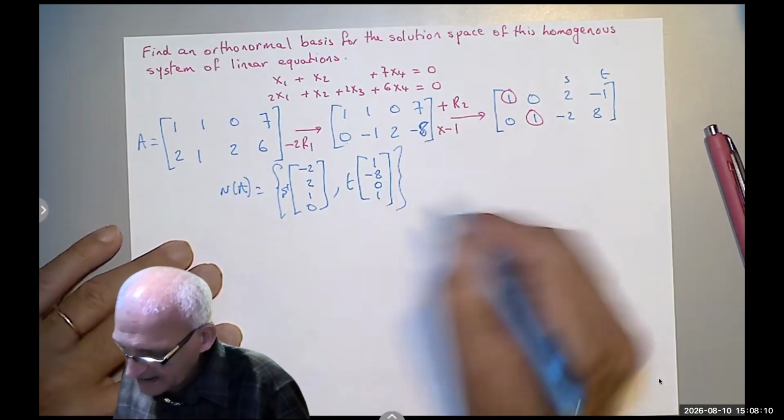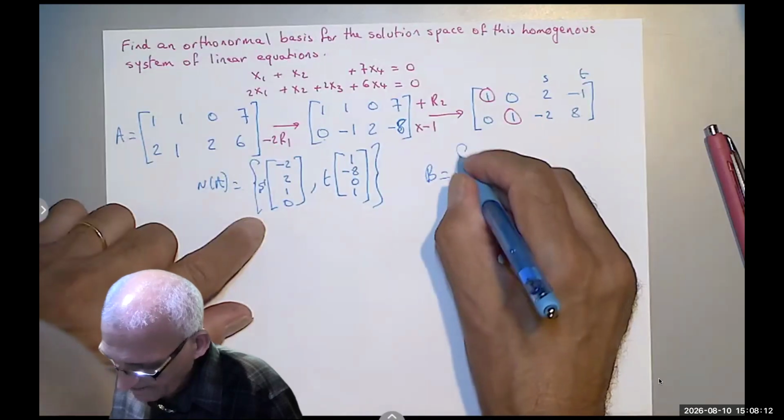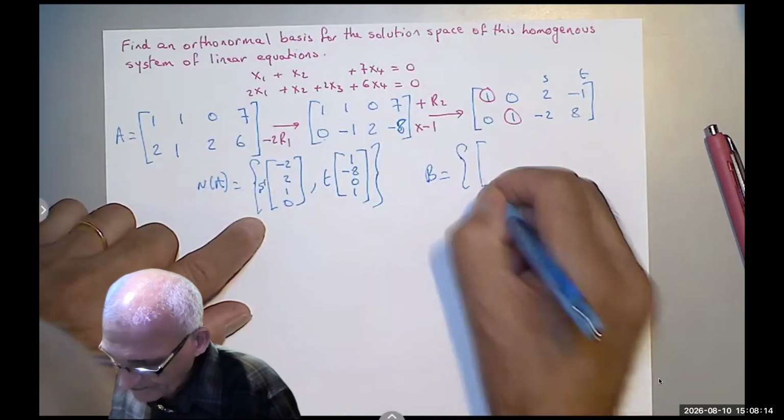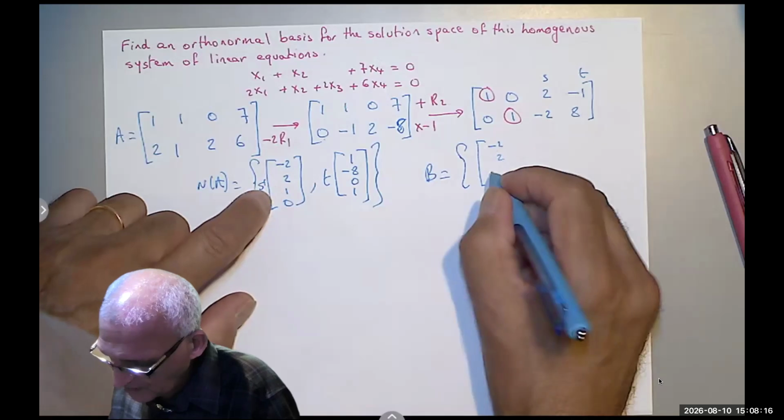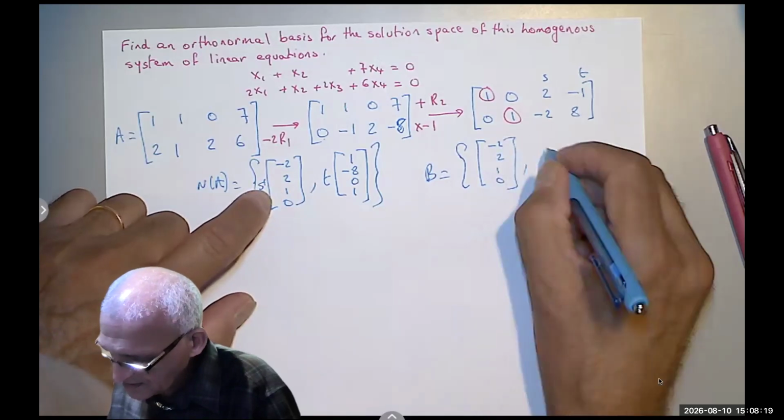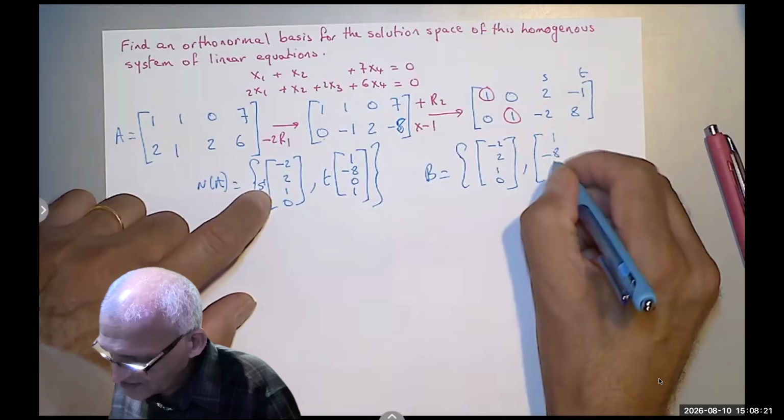So now here is my basis: negative 2, 2, 1, 0, and 1, negative 8, 0, 1.